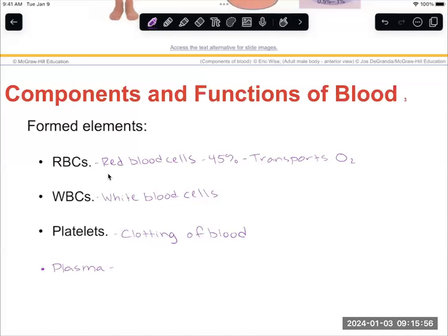Serum is very similar to plasma, except it does not contain any clotting proteins. Plasma contains all proteins found within our blood.